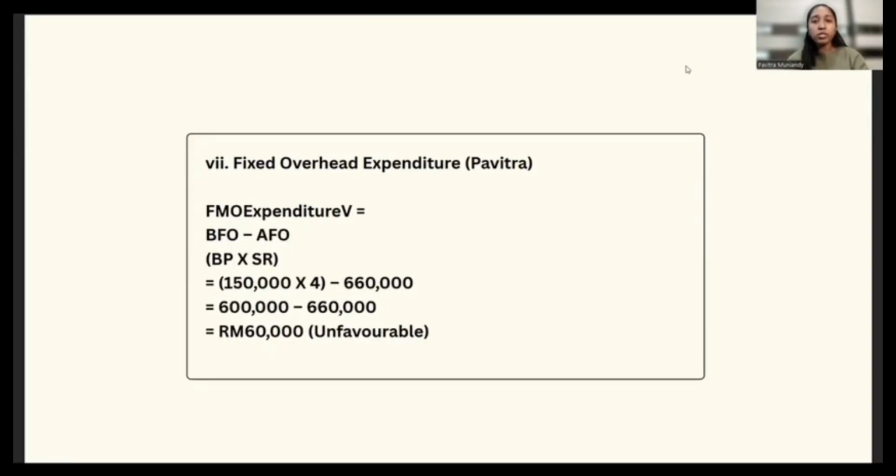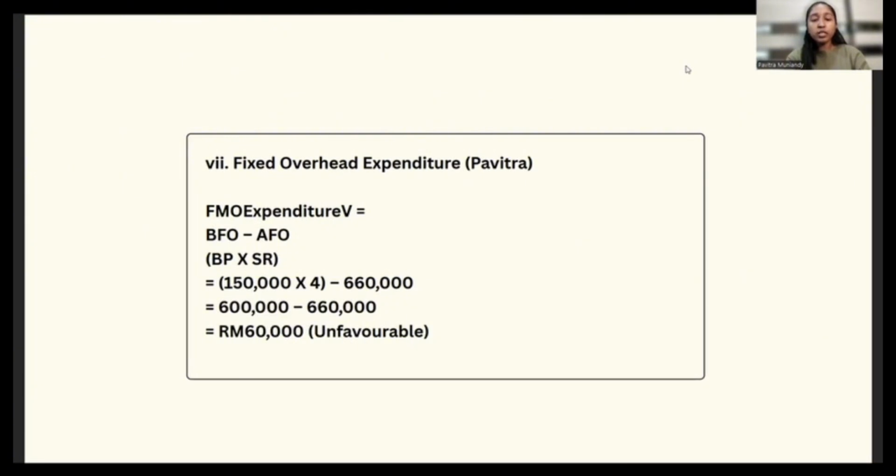Today I'm going to present about fixed overhead expenditure. The formula for the fixed overhead expenditure variance is BFO minus AFO, where BFO is BP times SR. BP is 550,000 hours times 4, minus 660,000.